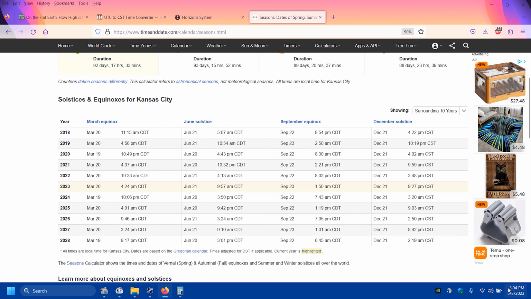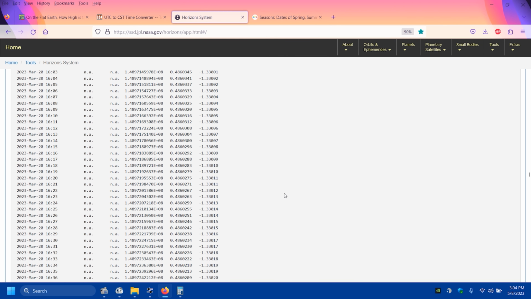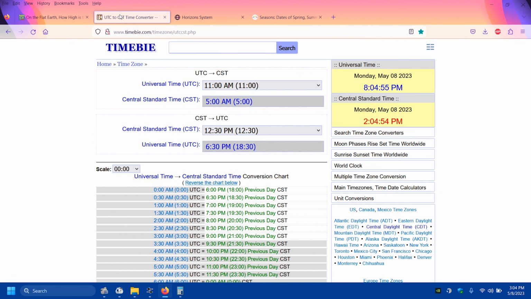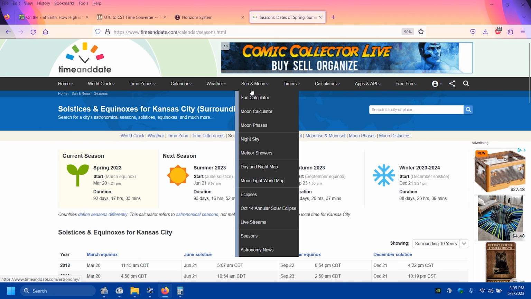Okay, this is part 2. So for Manhattan, Kansas, on March 20th, the exact time that it will be half and half is at 4:24. The first thing I need to do is find my local meridian.